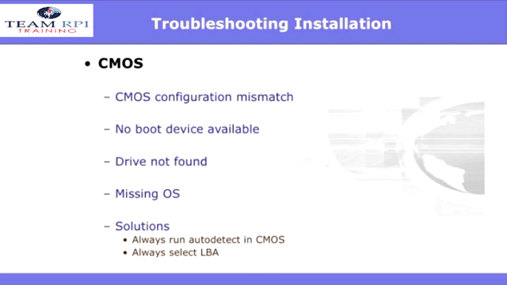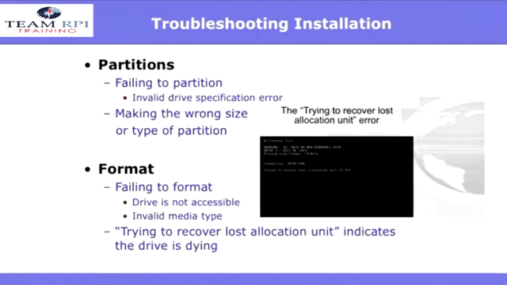Going into CMOS can give you a wide variety of information, especially when it comes to hard disk failures. You'll see notices such as no boot device available or drive not found. That's why it's a good idea to always run auto detect in CMOS. The next issue you can run into are partition issues.